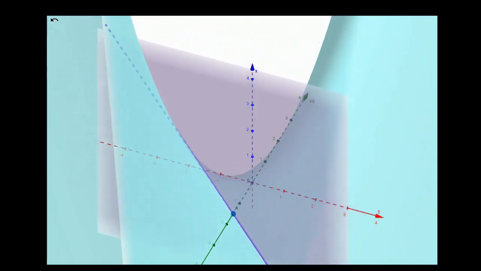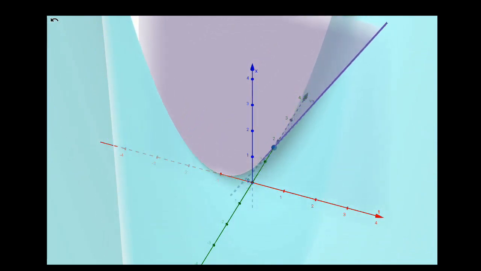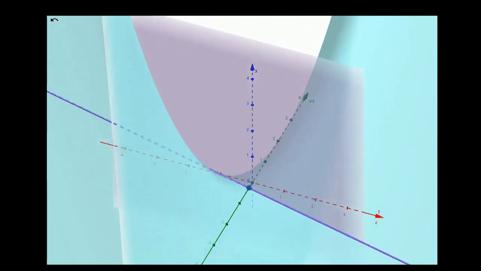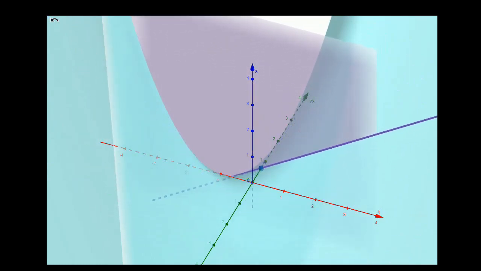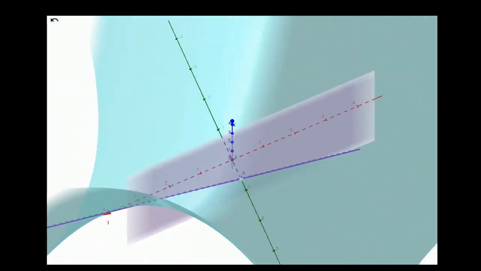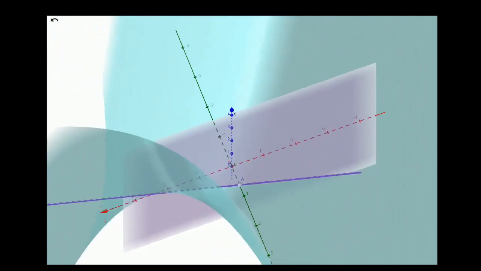And it's also interesting that you can see that even though this surface is curved, it sort of consists of all of these straight lines. So if we look at one of these straight lines, you can see that the straight line is completely contained within this surface.